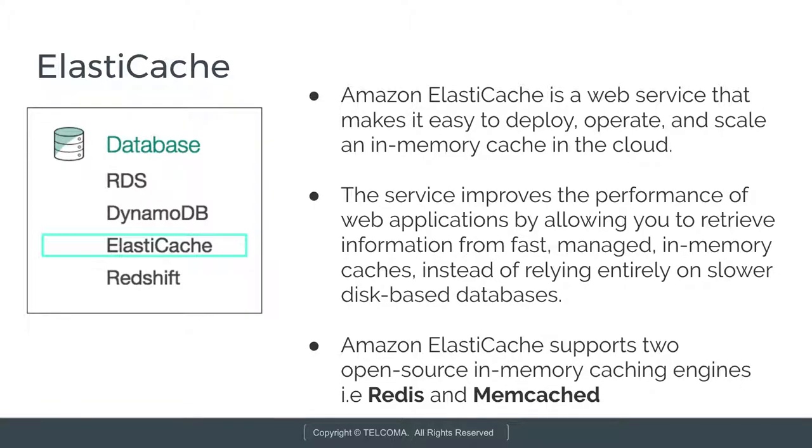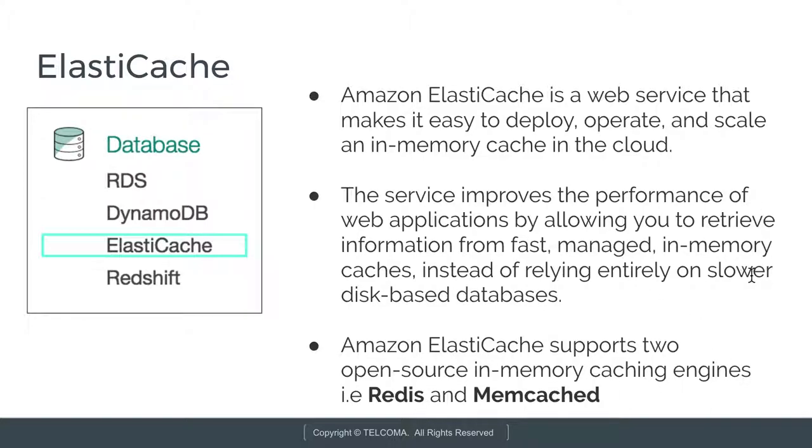The ElastiCache service improves the performance of various web applications because it allows organizations to retrieve information from a fast managed in-memory cache instead of relying on slower disk-based databases. It supports both in-memory caching engines, Redis and Memcached.